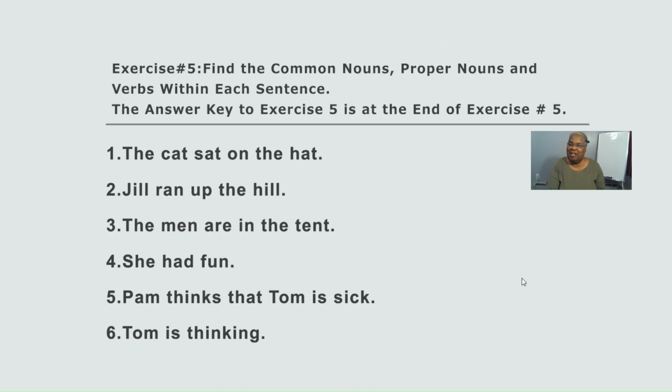The answers to exercise 5 are at the end of exercise 5. Please complete the assignment and pause the video as needed to work at your own pace.